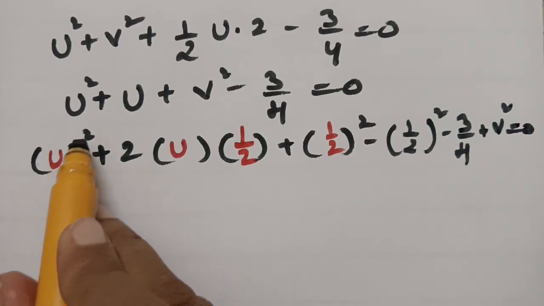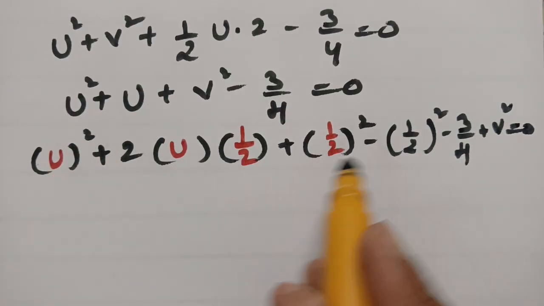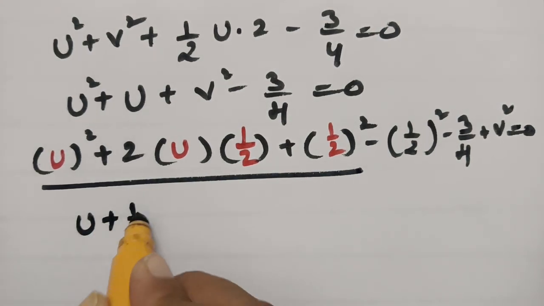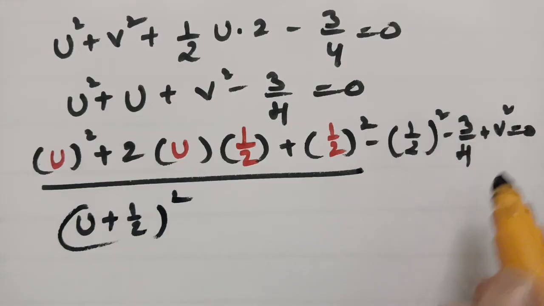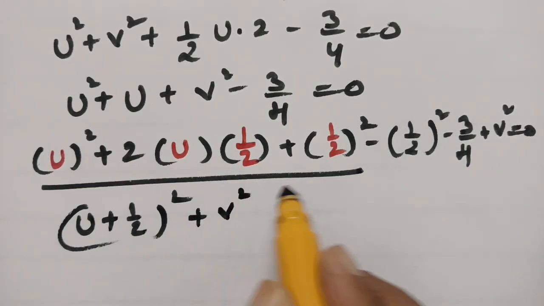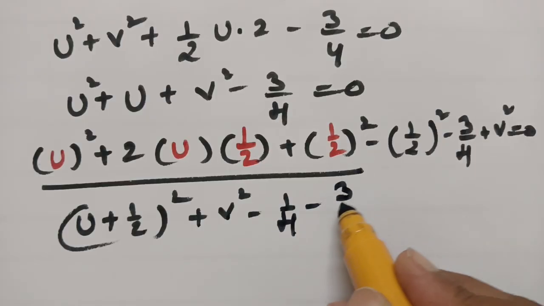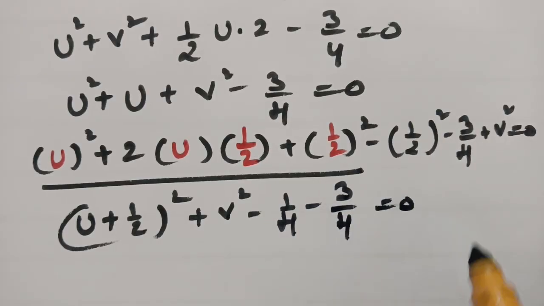See here, this is of the form A square plus 2AB plus B square. So this whole term I am writing as U plus half whole square, and this value is plus V square and this value is minus 1 by 4 and this value is minus 3 by 4 is equal to 0.